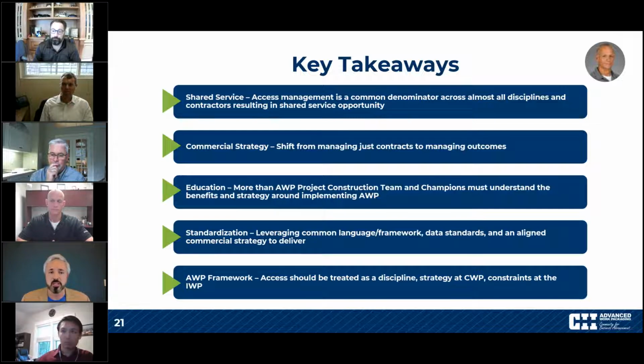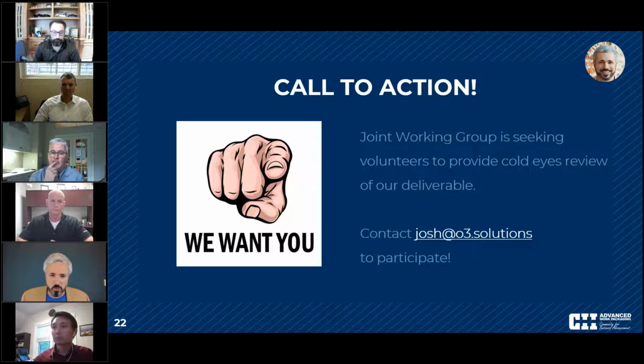A lot of this builds on that core piece: we really need to think about access management as a real shared service, and treat it like its own discipline in terms of planning. Yep.